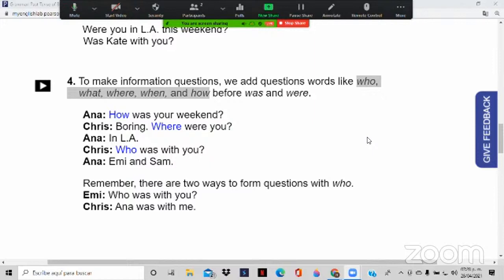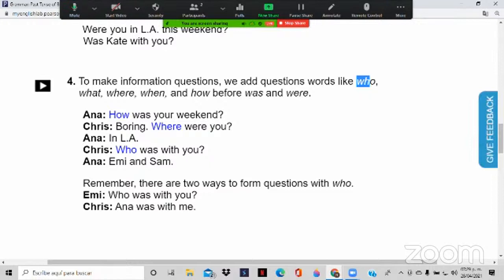Good. Pero preguntas, por ejemplo, utilizando WH. Estas son las famosas WH y aquí les llaman palabras de preguntas, question words, ¿ok? Algunos otros les podrían llamar WH questions, ¿ok?